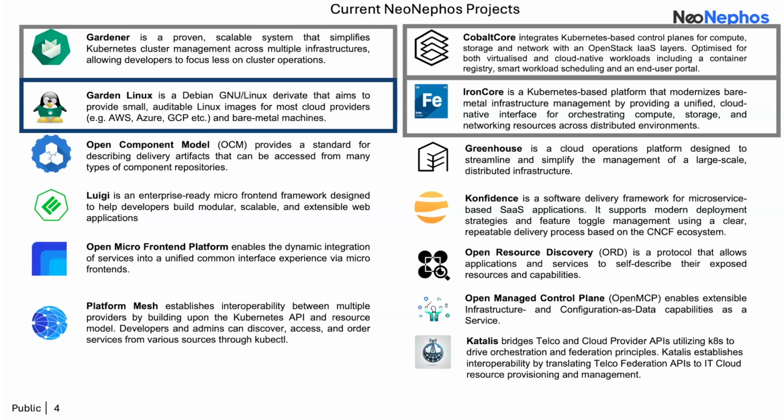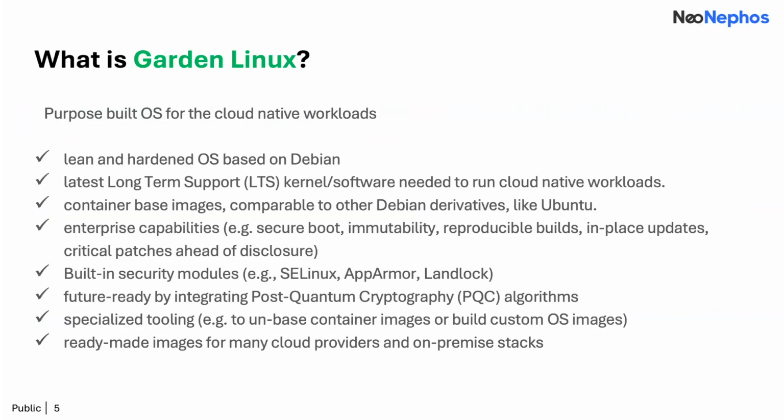Also, it's used in the Iron Core project because the Iron Core project provides an infrastructure as a service layer using also Garden Linux, and Cobalt Core is also a solution from SAP side using Garden Linux. Probably some other people are using it as well, but I'm not aware of this because Garden Linux does not phone home. So, what is Garden Linux?